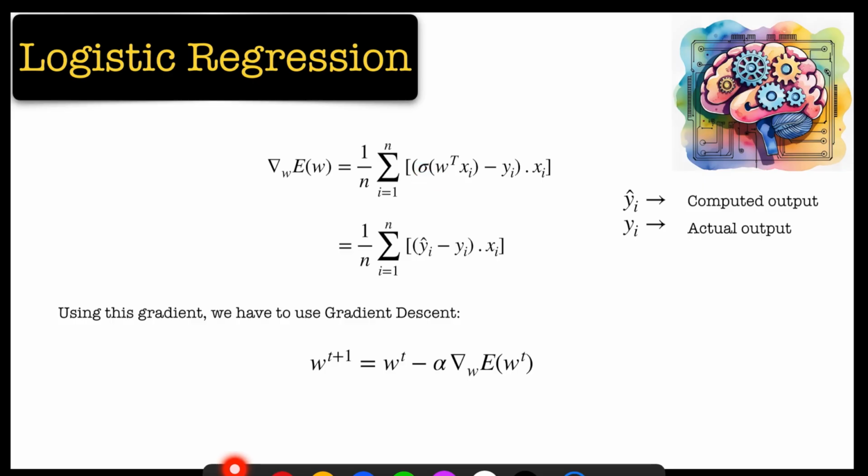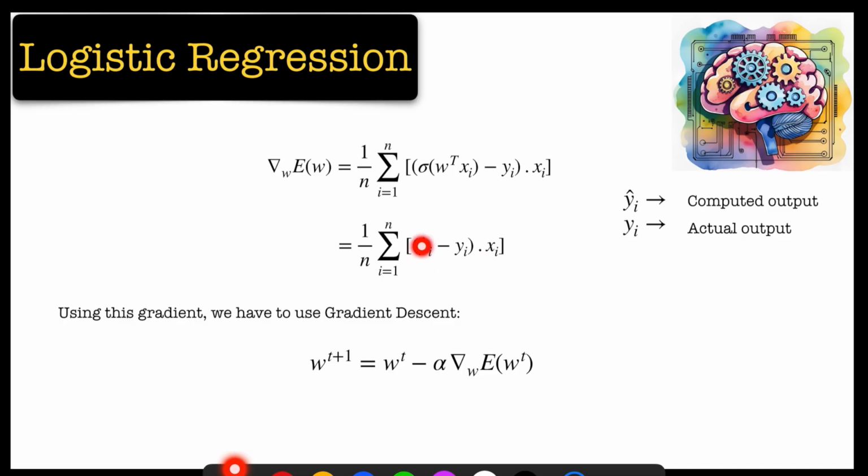So what is sigmoid of w transpose xi? Sigmoid of w transpose xi is basically the computed output, right? So we can write it as yi hat. So this gradient is basically 1 by n summation of i equals 1 to n of (yi hat minus yi) times xi.